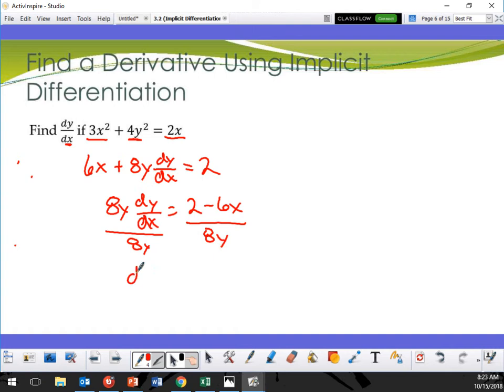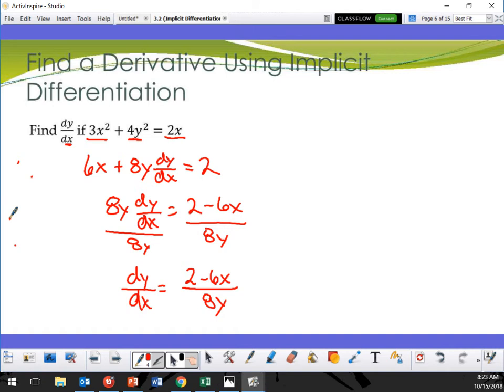So I'm going to get dy/dx is equal to 2 minus 6x over 8y. And normally I would be done, but is there a common factor there that I could take out? I could reduce? Yeah, there's a 2 in all of it, right? So I could reduce everything by a factor of 2.